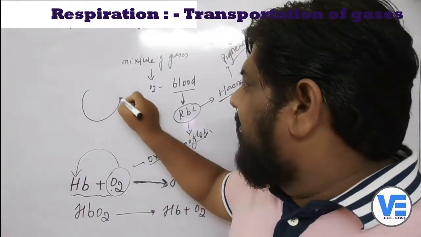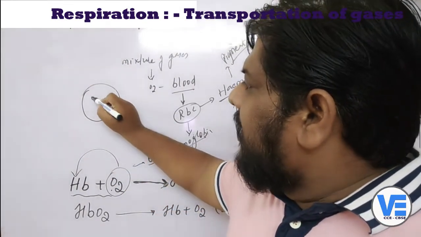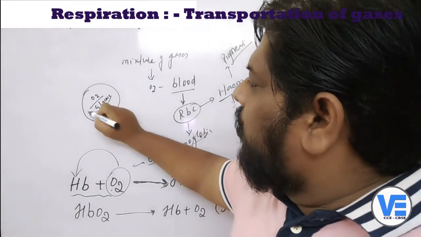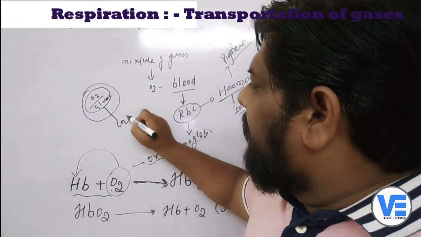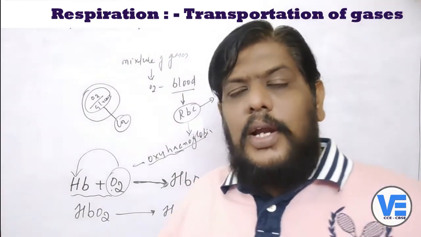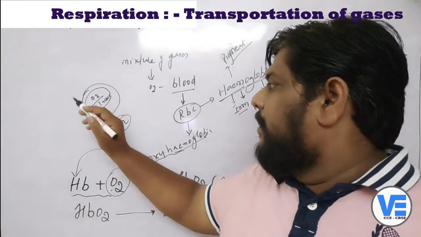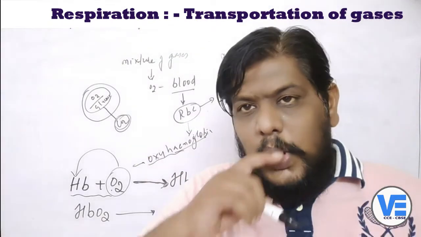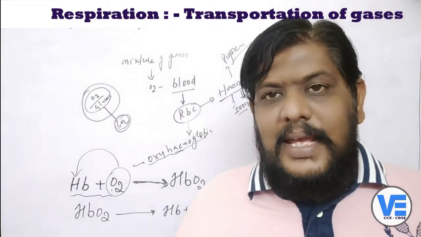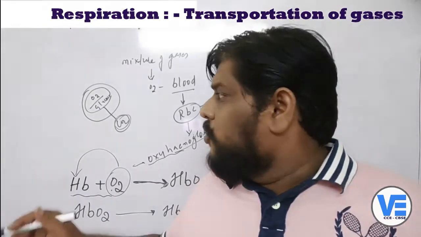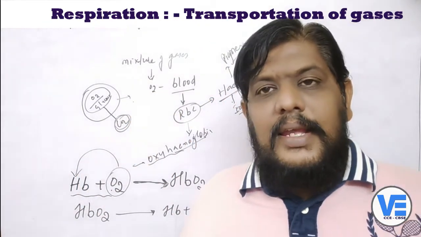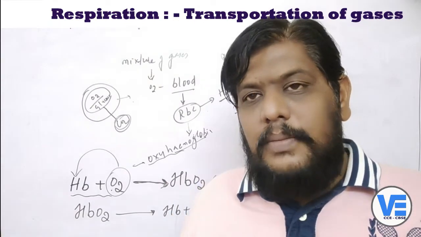Each and every cell will use oxygen, and in the presence of glucose molecules, it will burn and give out carbon dioxide. Whatever energy comes out here will be utilized, and what is produced is carbon dioxide. This carbon dioxide is a toxic gas that should not be there in our body. Each and every cell will have a good amount of carbon dioxide, so it should be replaced.